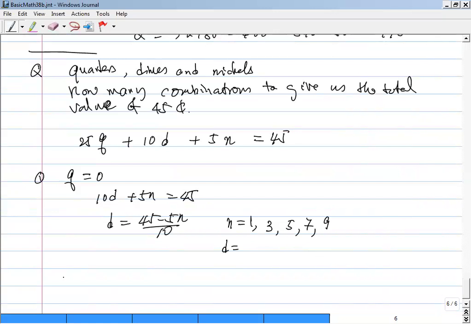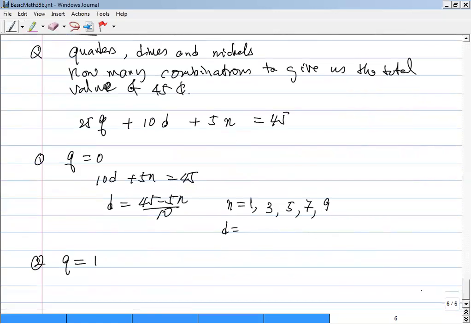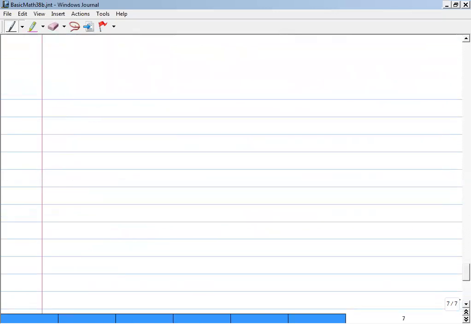If n is determined, you can find the d value. The second case is q equals 1. Then 10d plus 5n equals 20, because 45 minus 25 is 20.